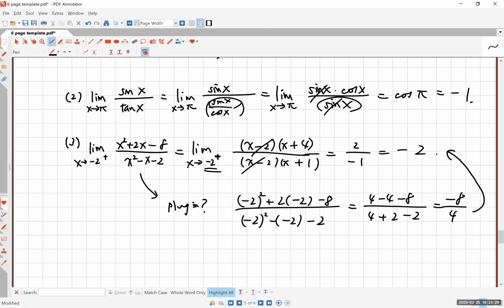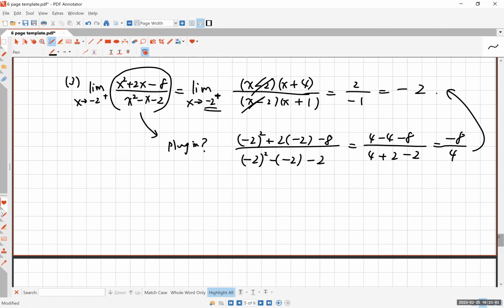So that's the same thing. Here the rational function is continuous at -2, and you didn't actually have to factor or cancel. It doesn't hurt, but you could have just plugged it in to get your answer. Now, there was a plus sign here, approaching from the right, but again, it's irrelevant.